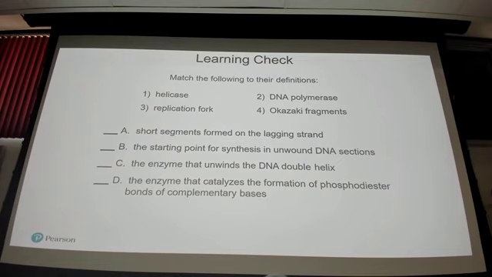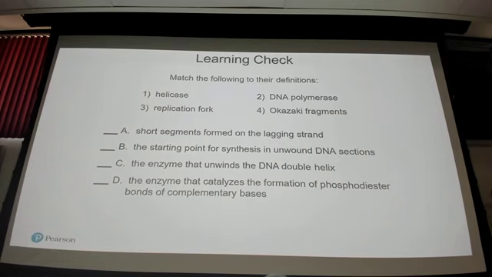All right, first check on learning. Match the following to their definitions. What is a short segment formed only on the lagging strand? Okazaki fragments. What is the starting point for synthesis of unwound DNA sections? One person, loudly please.